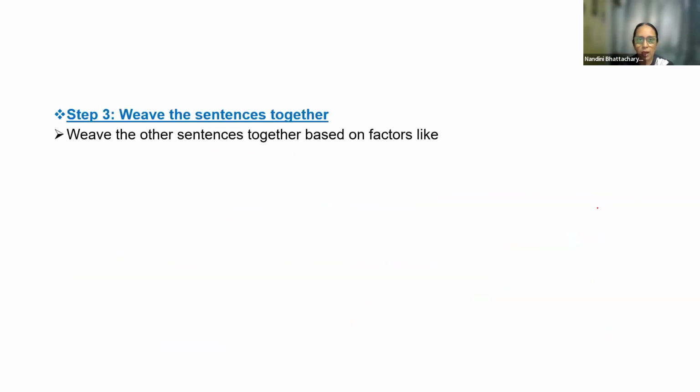Then after you have decided on the introduction, what do you have to look at? How the sentences can be linked together. Linking the sentences is very important, otherwise there wouldn't be a flow. Logical flow has to be maintained. So maybe if it is talking about activities, what came first, what happened later, or it is talking about an issue related to activities. So the problem related to activities comes up first.